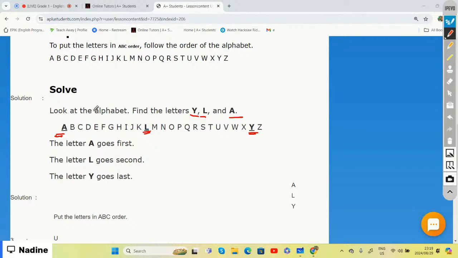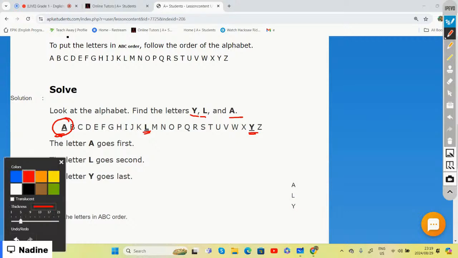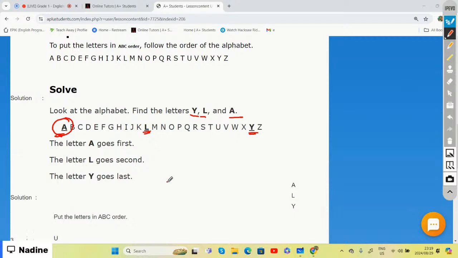Based on what we have underlined, we can say A goes first. So A is the first letter of the alphabet.